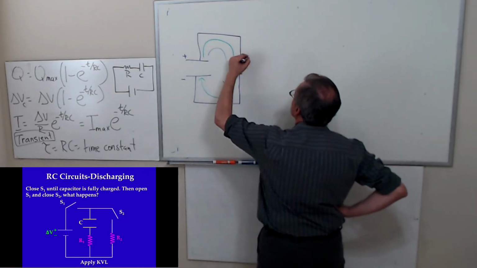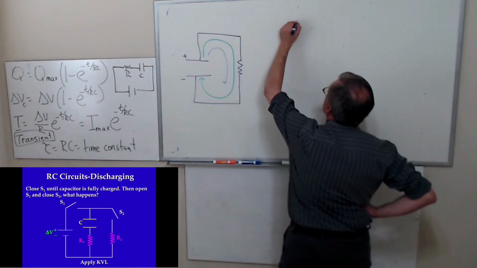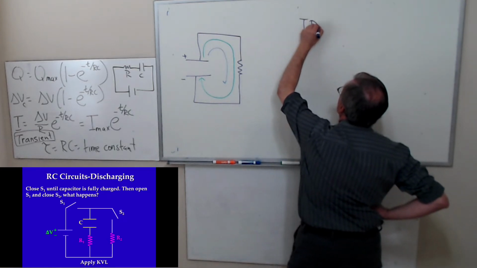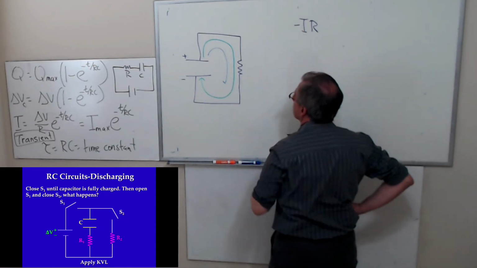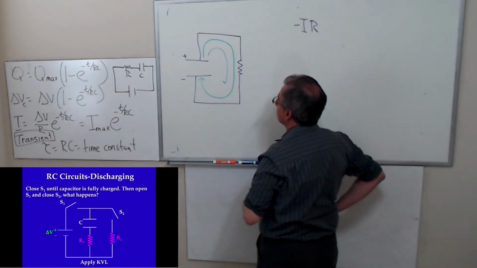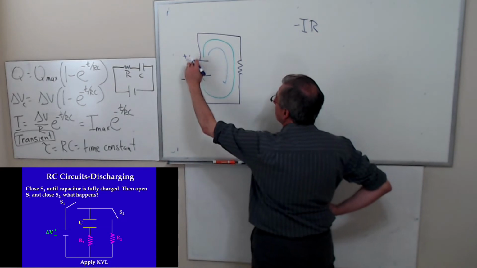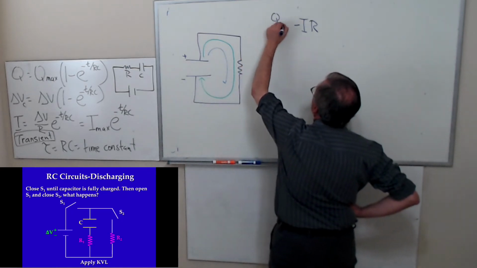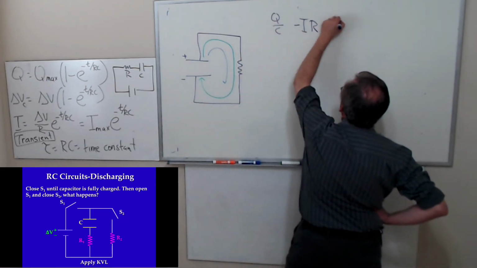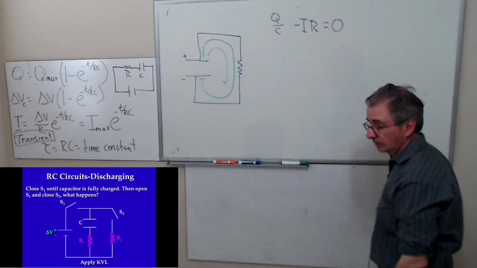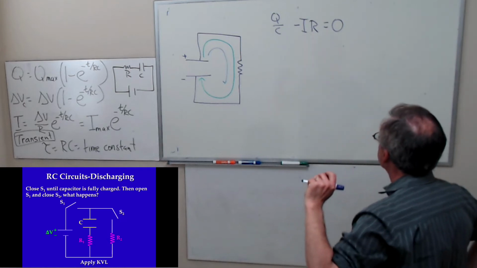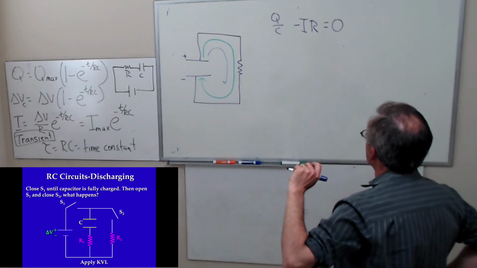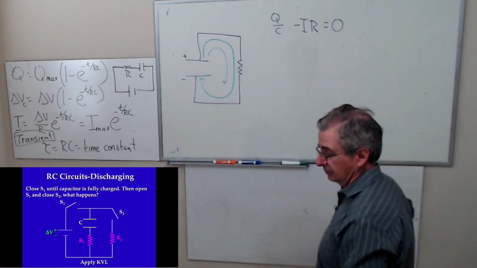The voltage drops for the resistors is I times R. And then if I go around this way, then I have a voltage gain. Now, the question is, how is I related to Q now?